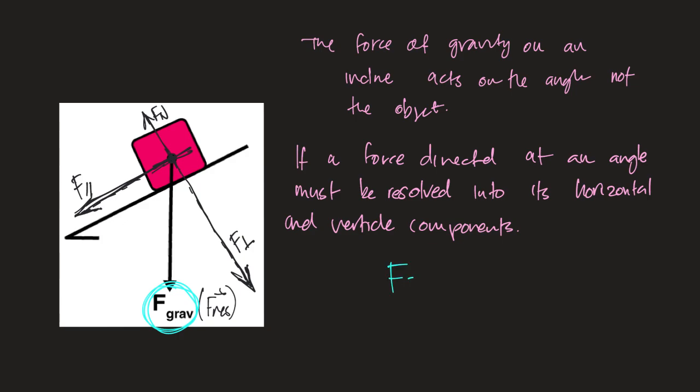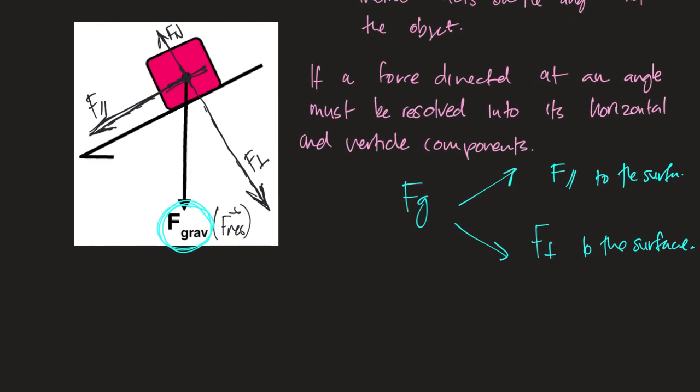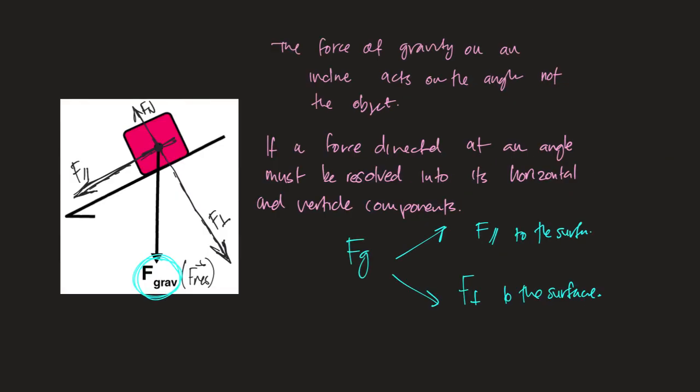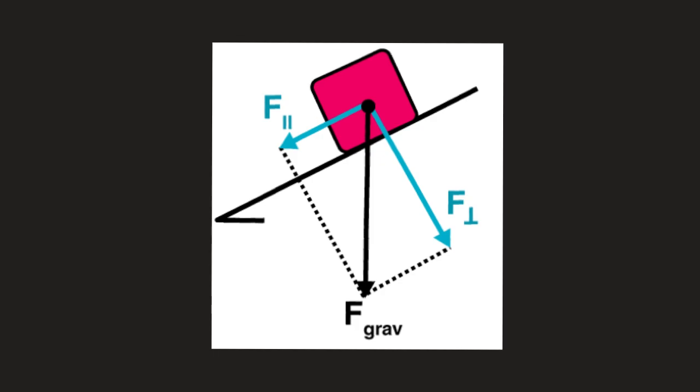So your Fg essentially becomes your force parallel to the surface and your force perpendicular to the surface. All right. So I'm looking at this sort of setup. So that's the idea that we're working with.